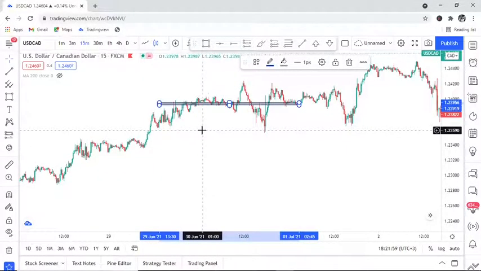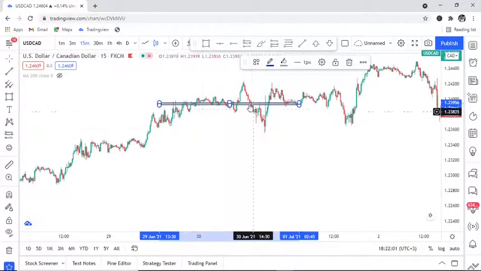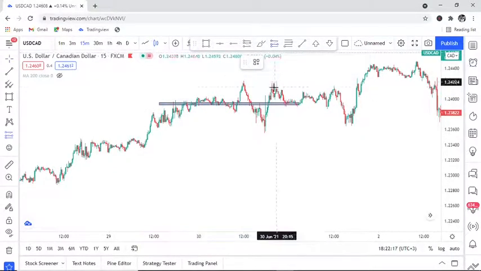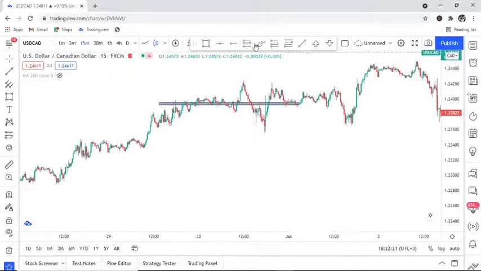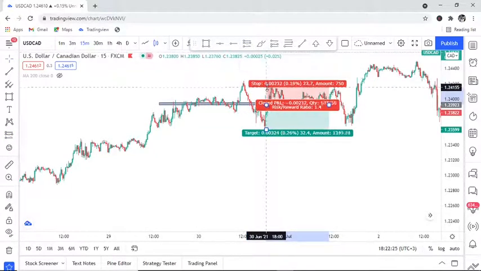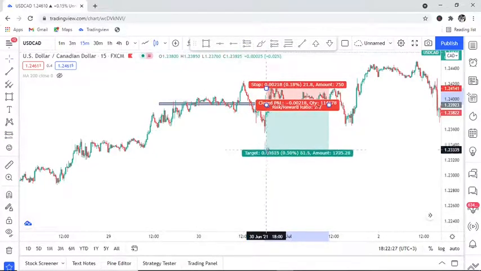For traders who don't know about trading with the trend, right here at this point we can see that price broke this zone, and once it broke it, it became a resistance zone. So they could have been looking for sells at this particular point.